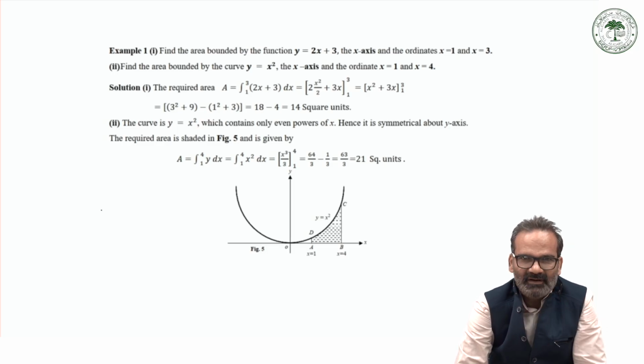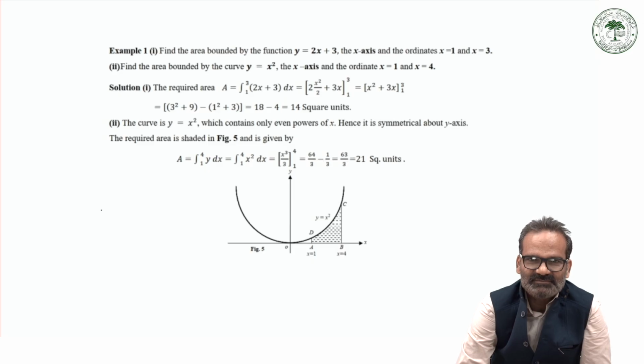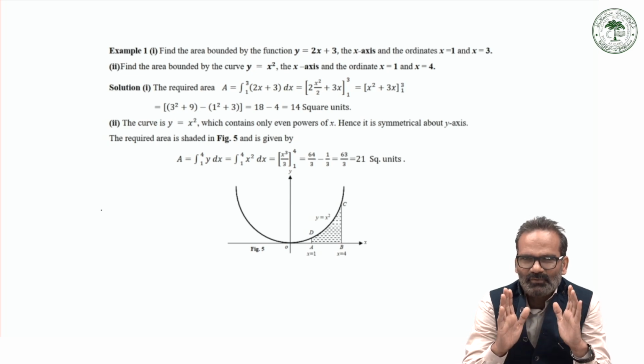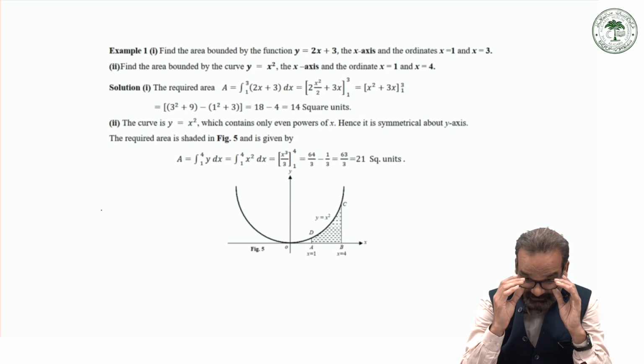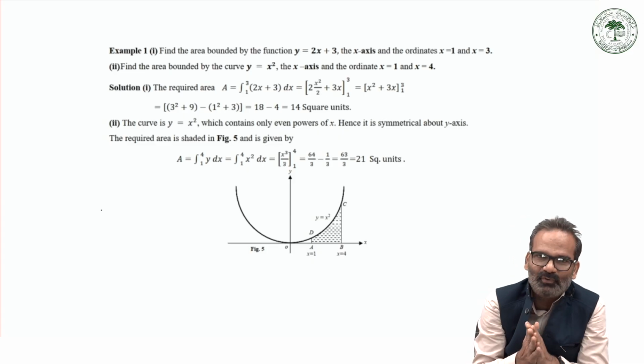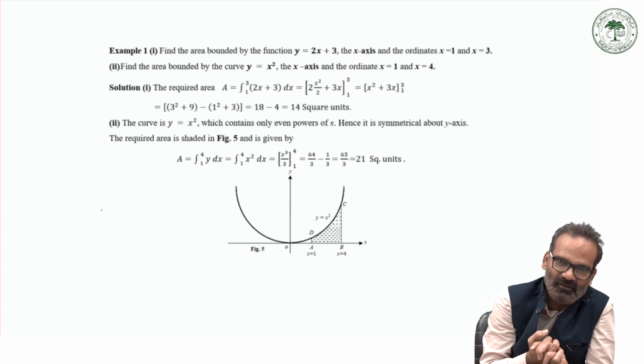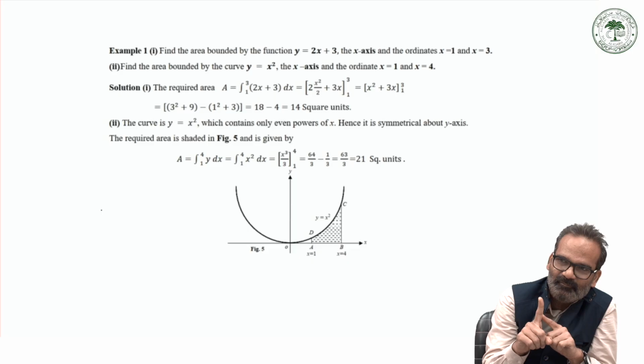Find the area bounded by the function y equals 2x plus 3, the x-axis and the ordinates x equals 1 and x equals 3. Now don't get confused. Try to understand the approach. What I have told you just now, you must have been given 3 components.